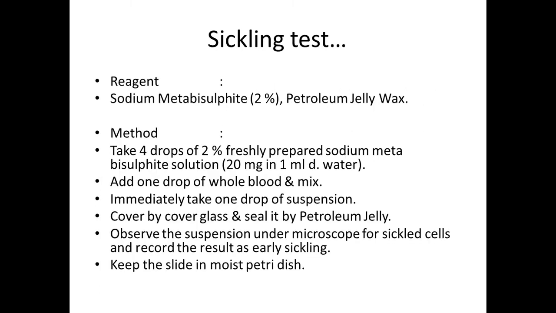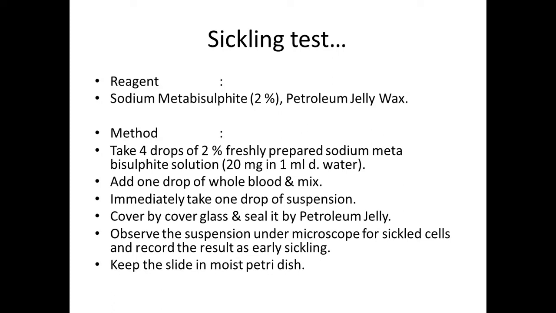So how is this test performed? We take 2% sodium metabisulfite solution. How to prepare this 2% solution? 20 milligrams of sodium metabisulfite powder in 1 ml of distilled water. We take 4 drops of this 2% sodium metabisulfite. To it we add 1 drop of whole blood.